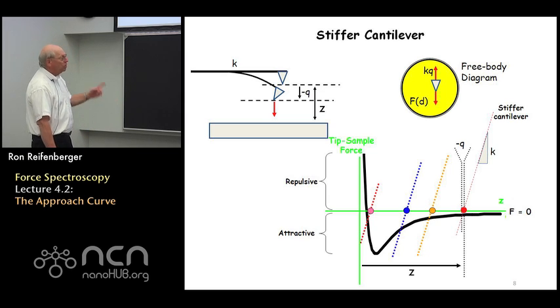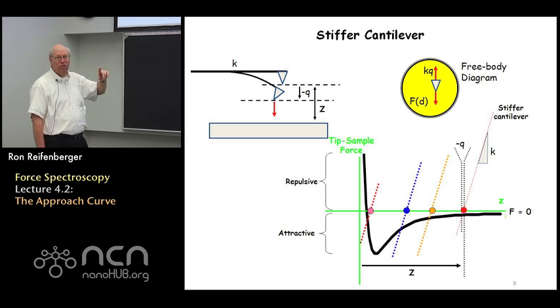restoring force. So the point is that with a stiffer cantilever, as you systematically approach the tip to the substrate, as I've indicated schematically by these different colored dots, the curve that describes the deflection of the tip intersects the force versus distance curve only at one point.